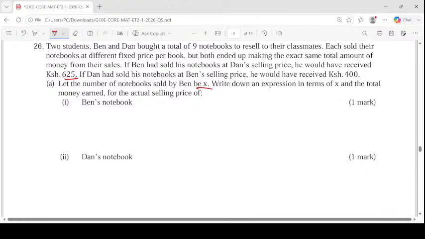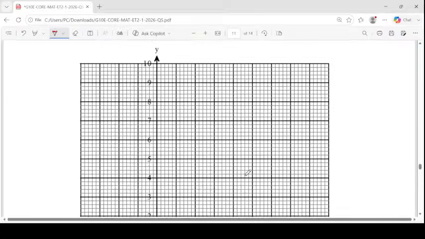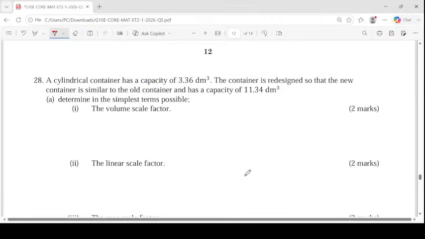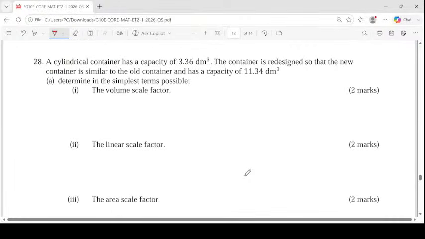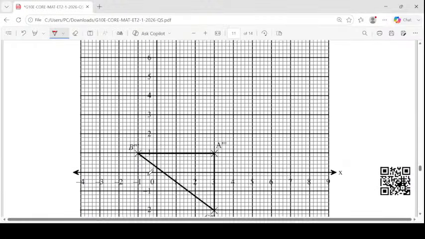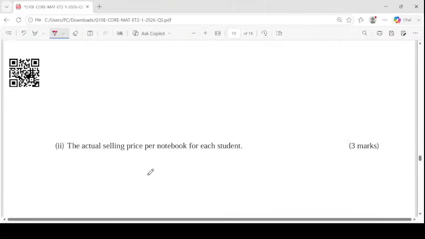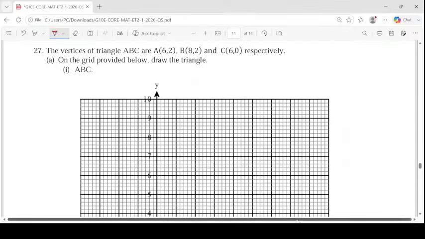There is something that is missing in this particular question. There was something missing in that question, and let's have a look at question 27.